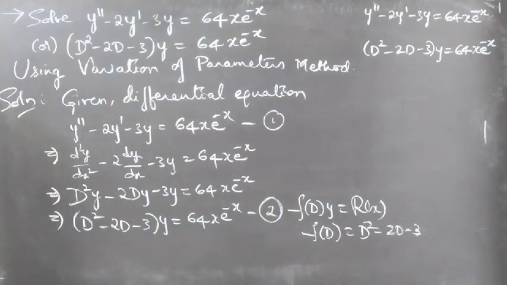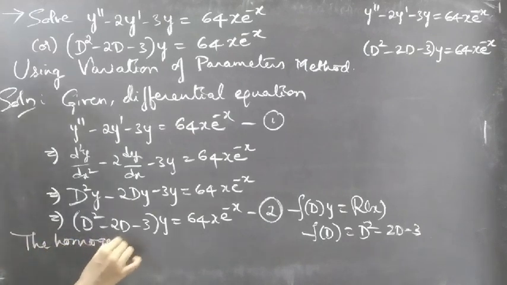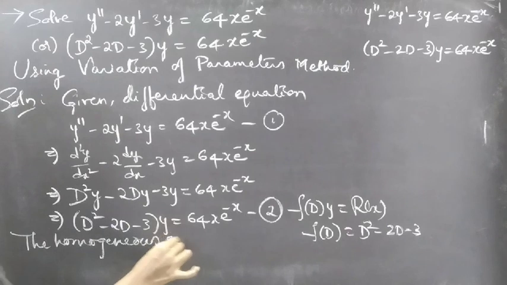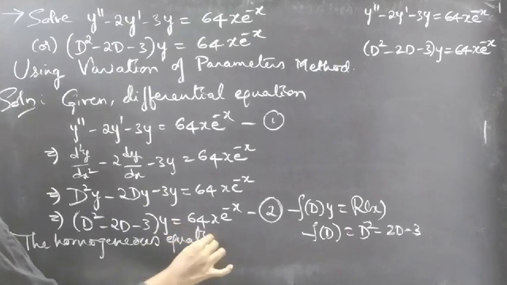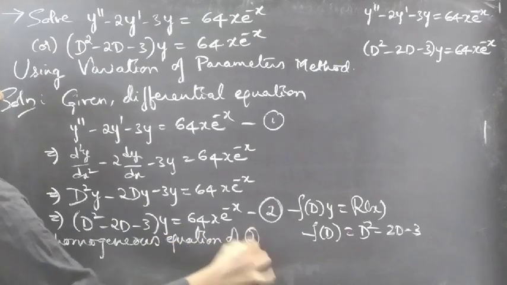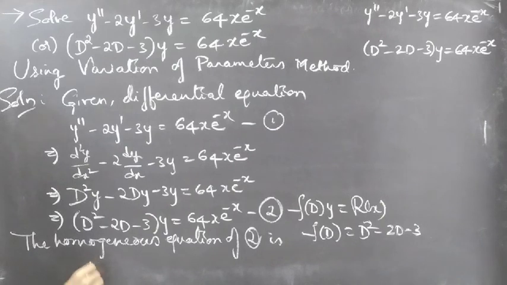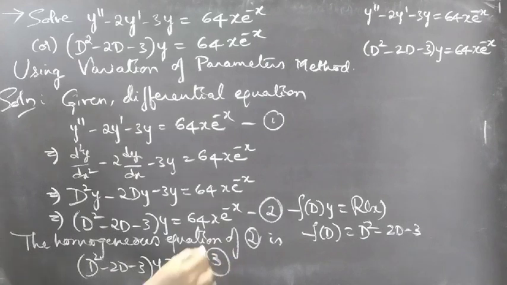Let's now write the homogeneous equation of equation 2. D square minus 2D minus 3 into y equal to 0. Consider it as equation number 3.